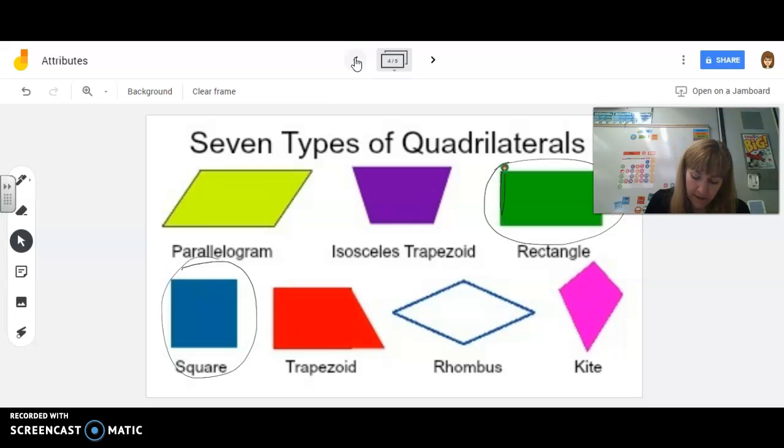This side and this side are parallel. This side and this side are also parallel. So we could say it has 2 sets of parallel lines. We know in the corners they are 90 degrees. So we could also say that they have 90-degree corners.